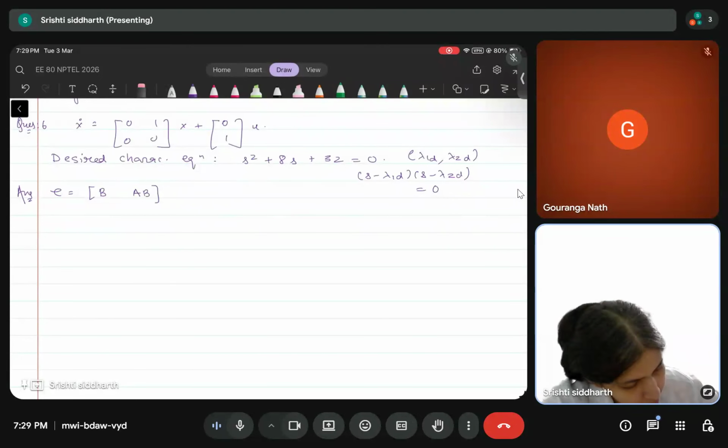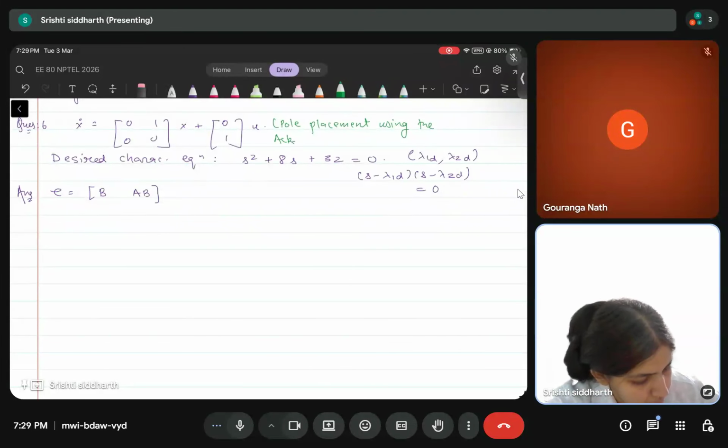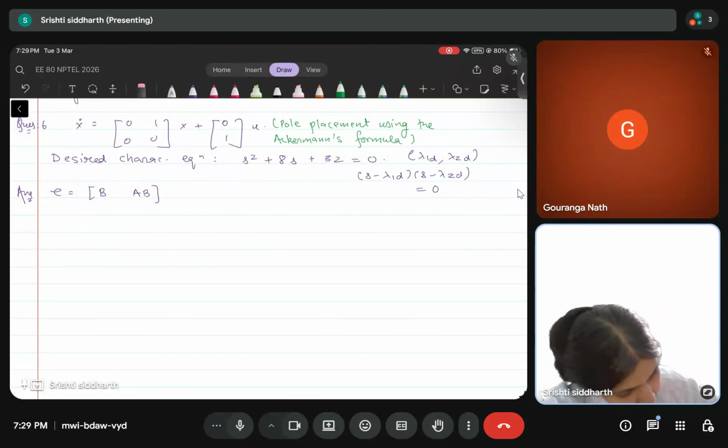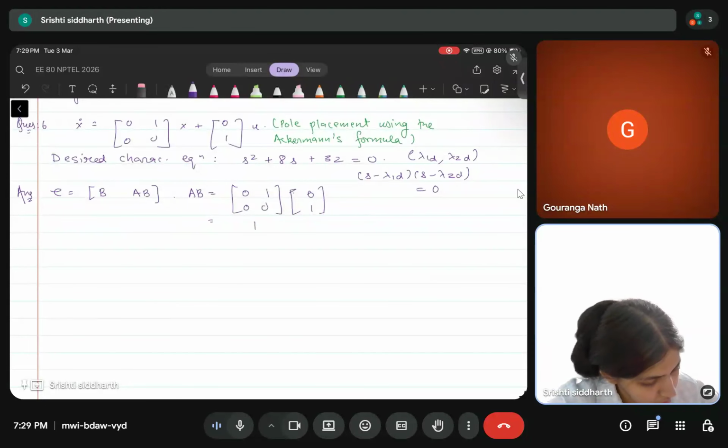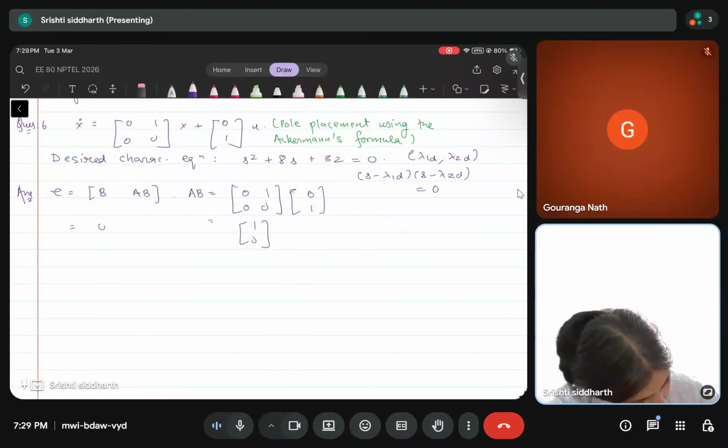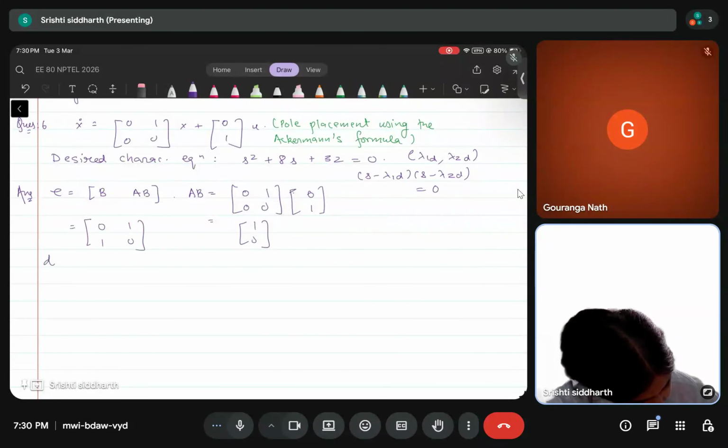So this is pole placement using Ackermann's formula. Okay, so this is simply 0, 1, 1, 0. Here A, B is controllable.